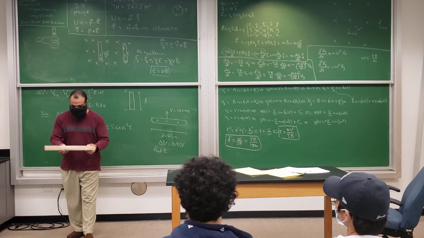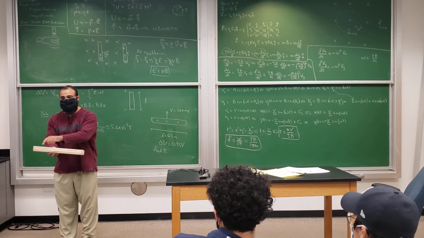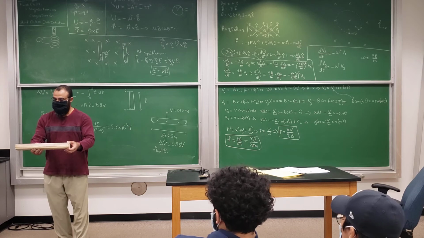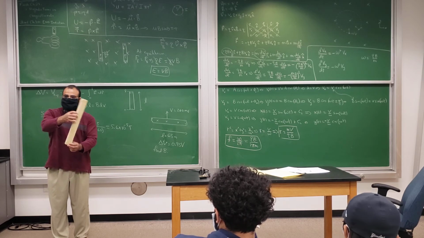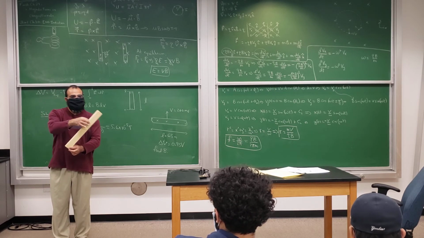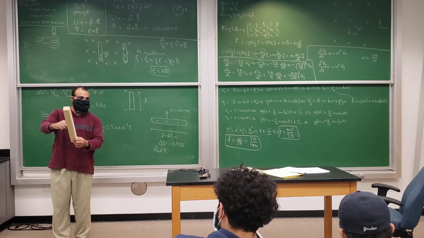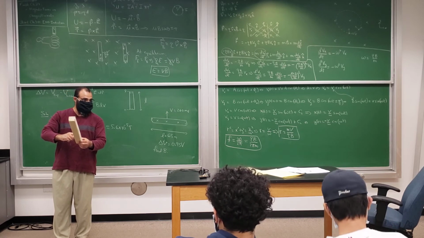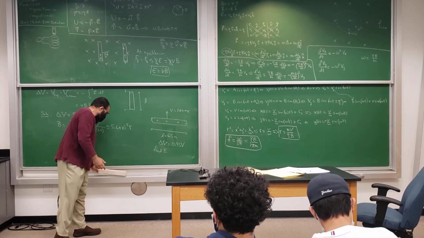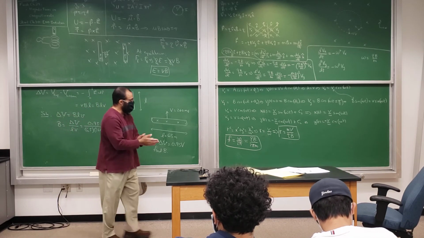If you drag it, every single piece is moving at the same speed. But if you rotate it, which one is moving fastest? The edge. Yeah, and then they progressively move slower and slower till this end. So it's different speeds. So let's see what the potential difference in that case will be.